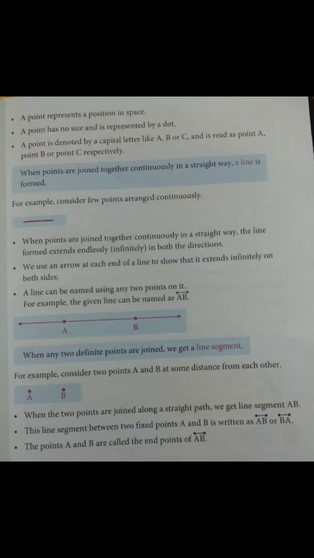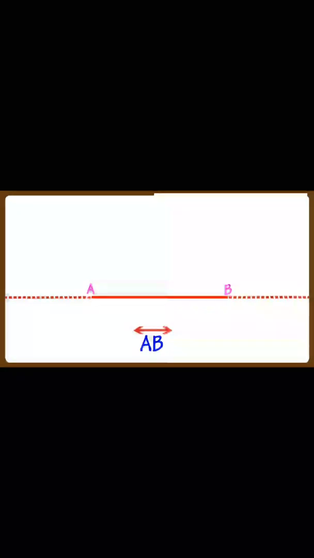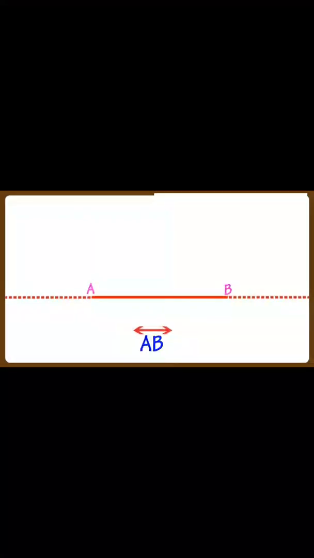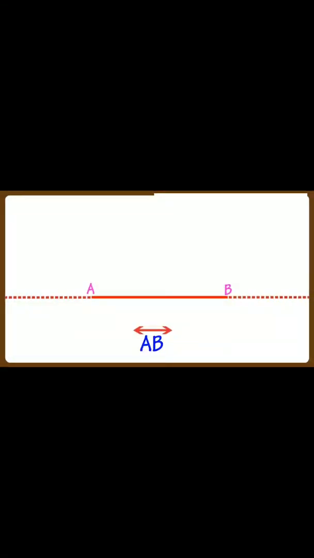When points are joined together continuously in a straight line, a line is formed. For example, consider a few points arranged continuously. When points are joined together continuously in a straight way, the line extends endlessly, meaning infinitely in both directions.